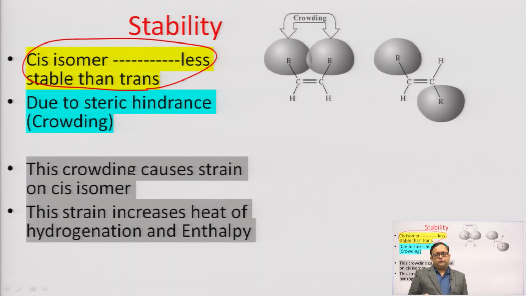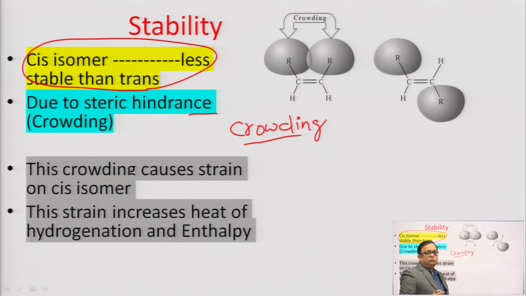Now, what features, what parameters result in this less stability? If we look over the structures, it is very clear from the picture that the reason is steric hindrance. Steric hindrance means crowding.